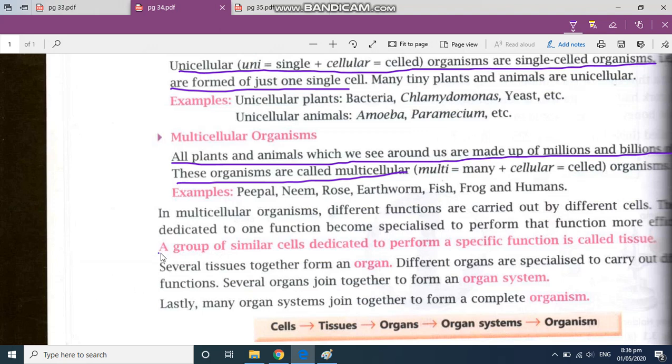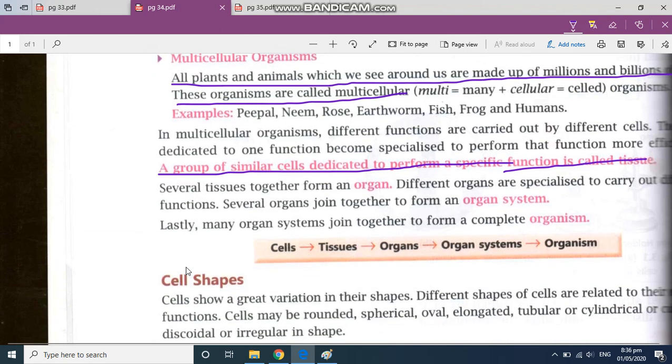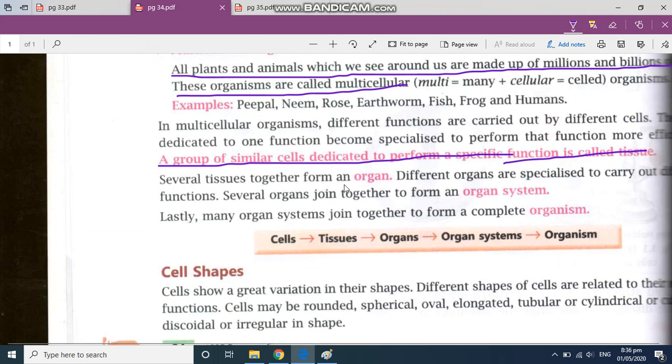A group of cells dedicated to perform a specific function is called a tissue. Several tissues form an organ, and different organs perform different functions. Several organs, when they join together, form an organ system.